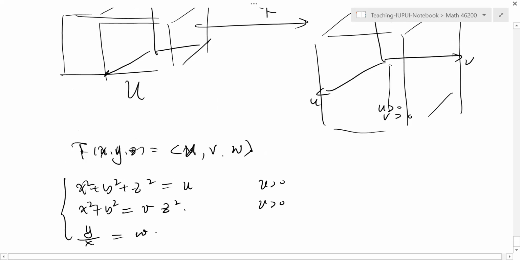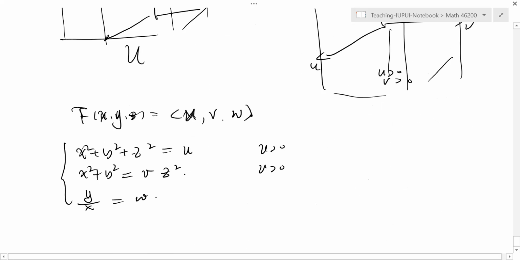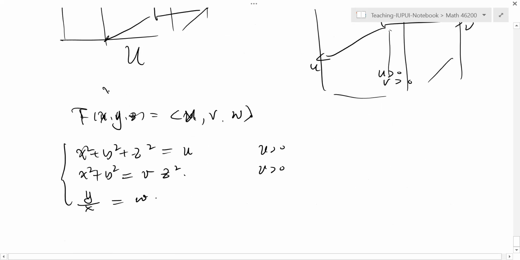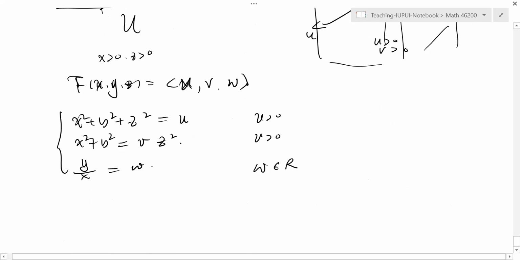Here I assume x is positive, Z is positive. W is just an arbitrary number.